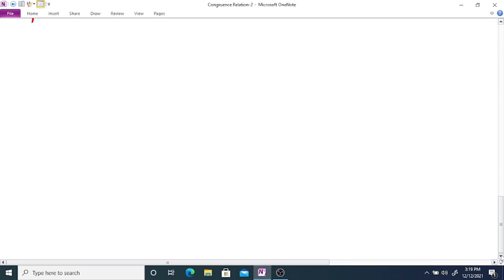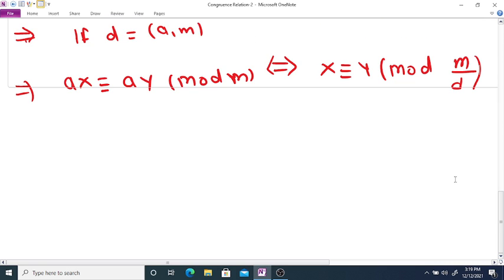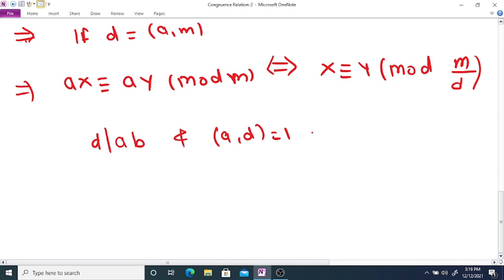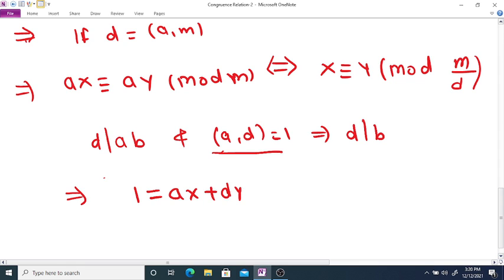So now, to prove this, we know one property: if D divides AB and if the GCD of A, D is equal to 1, then D divides B. We can prove this since GCD of A, D equal to 1 implies 1 is equal to Ax plus Dy.